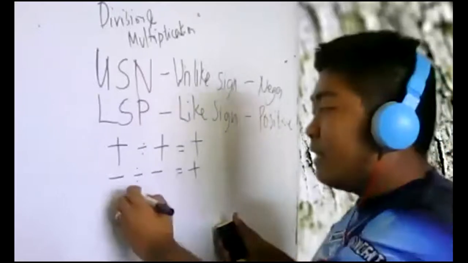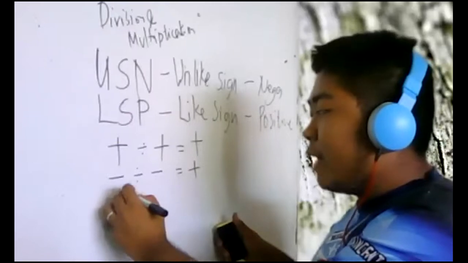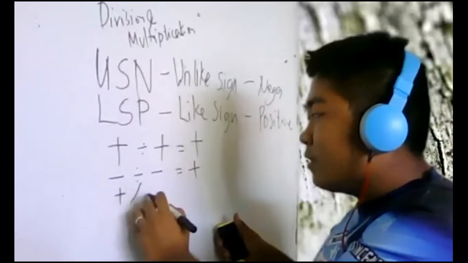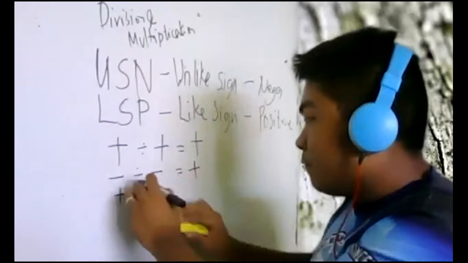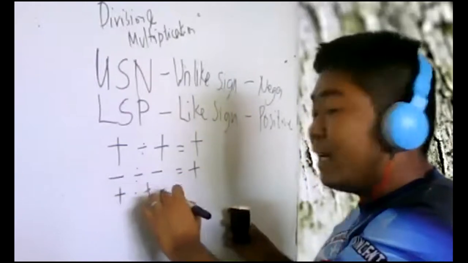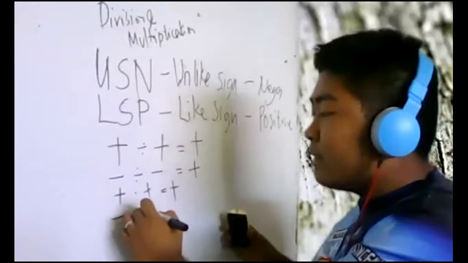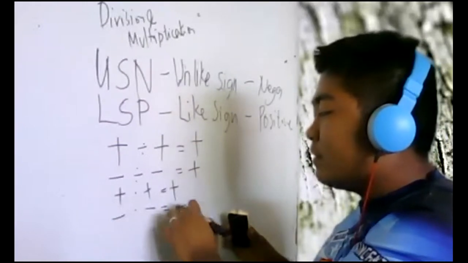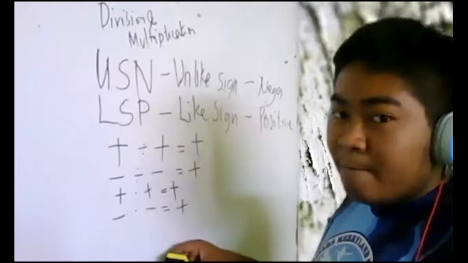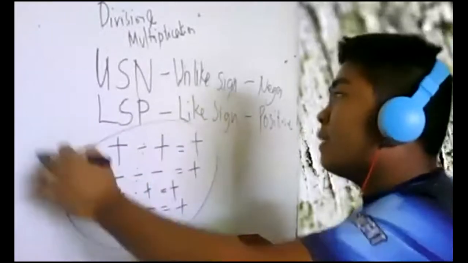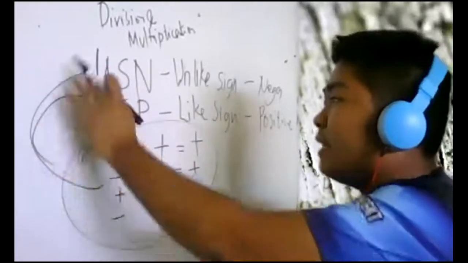Positive pa rin. How about kapag positive times positive, the answer is? Positive. Negative times negative, that is positive. So ito yung tinatawag natin na alike signs.